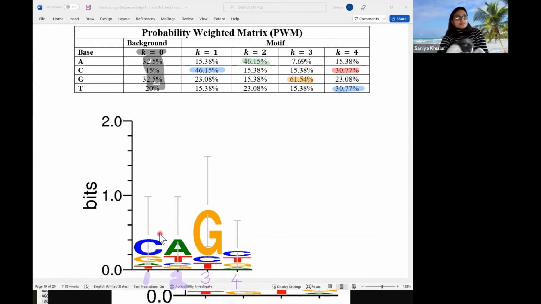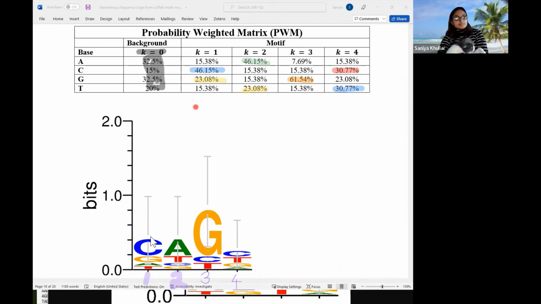And you can see something similar here. Let me just color them yellow for now. You can see that this here and this here tend to be the same. So this is a C here, and this is an A here.